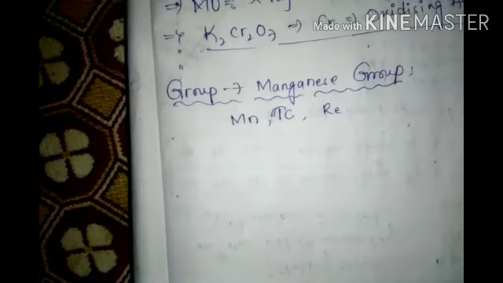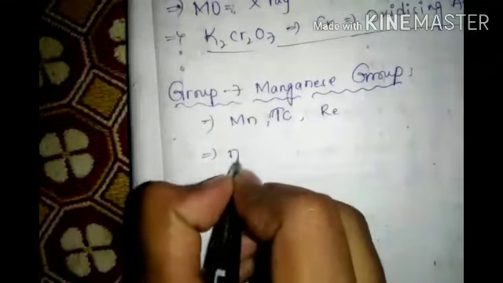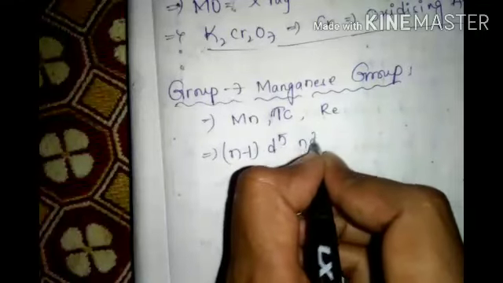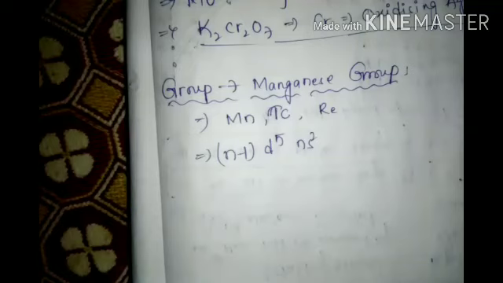The electron configuration is (n-1)d5 ns2, with n equal to 4 to 6, same as usual.